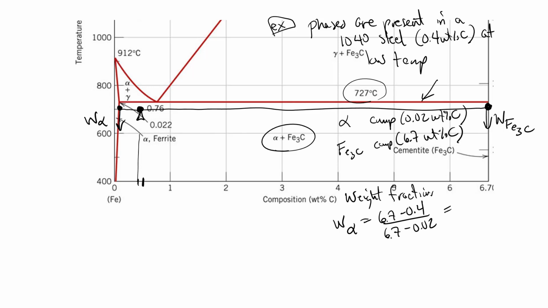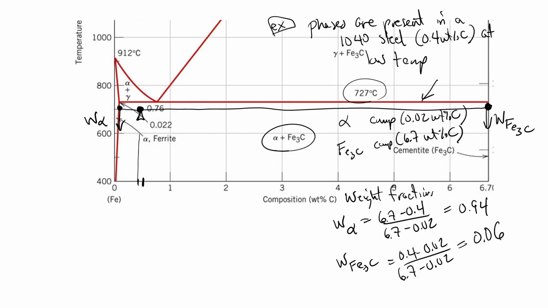If you figure that out, you'll get 94% alpha, which makes sense. And the weight fraction of Fe3C is 0.4 minus 0.02 over 6.7 minus 0.02, but it's just going to be 0.06, right? It all has to add up to 100. So that's the phases present at room temperature.